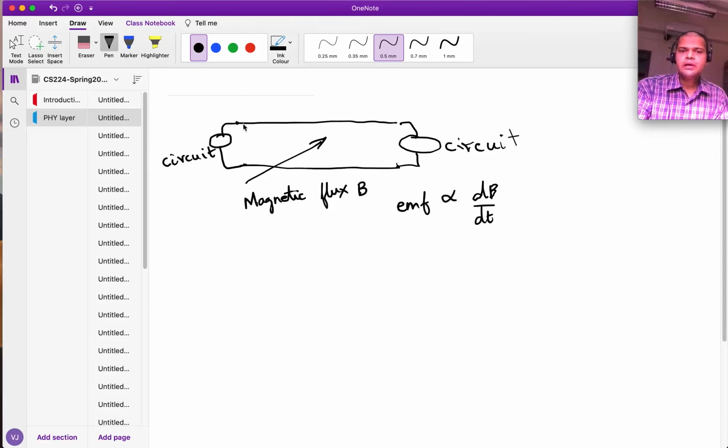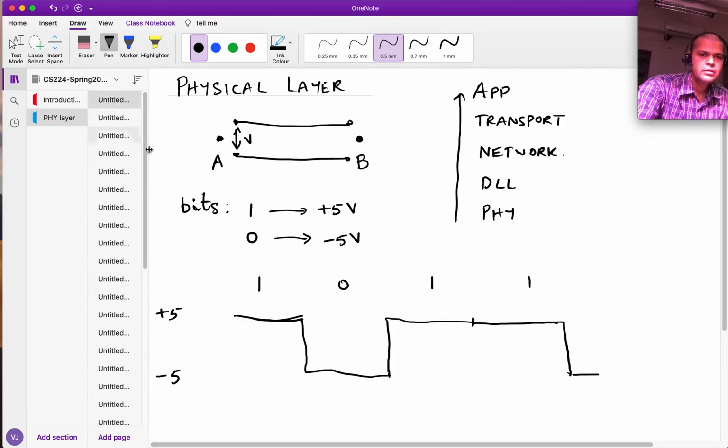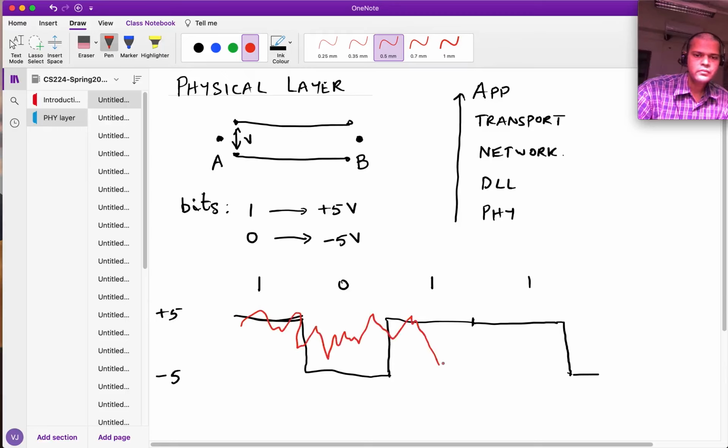And that's going to get added on to what was sent by A. So this is A and this is B. So this signal which is generated here because of some flux going through is going to get added. If we go back here, we would have to add some signal which might be due to the magnetic flux.